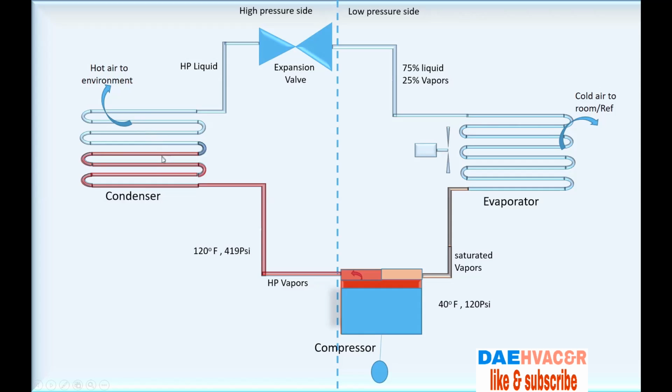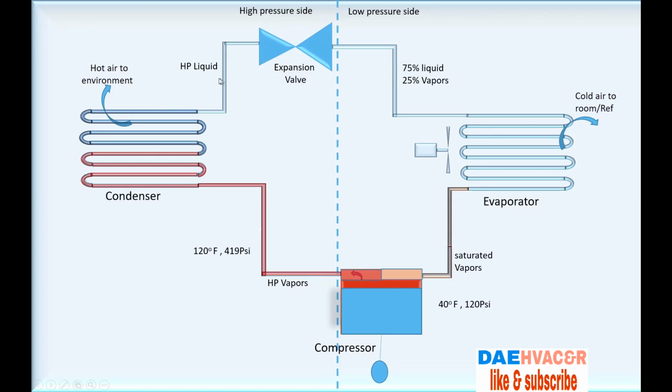When the condenser removes this heat to the environment, the refrigerant vapors start to change state from vapors to liquid. And after the condenser, we will get completely high pressure liquid. As you can see, this blue color shows the change of state in the condenser. Now let's see that after the condenser, we get completely high pressure liquid. Now it moves to the expansion valve.